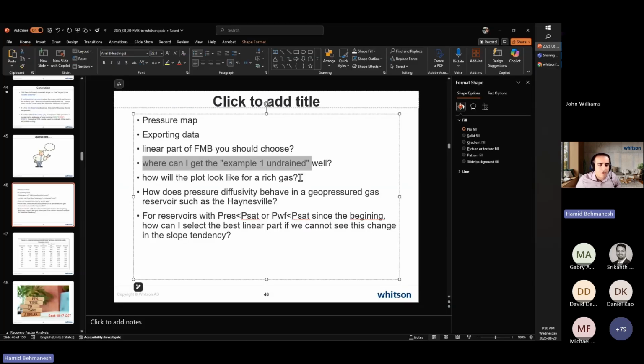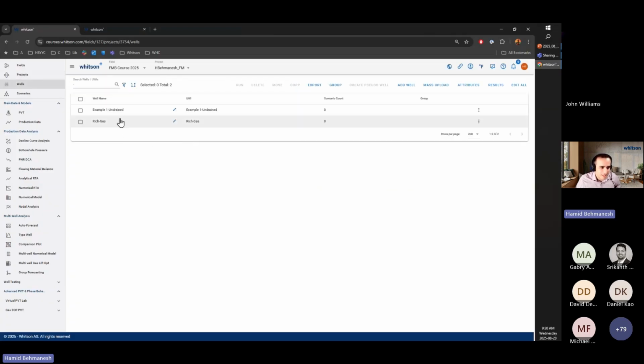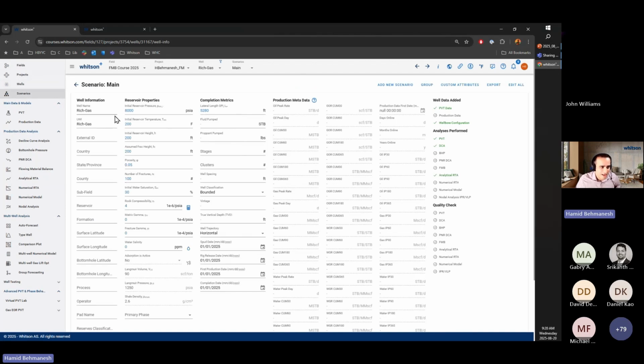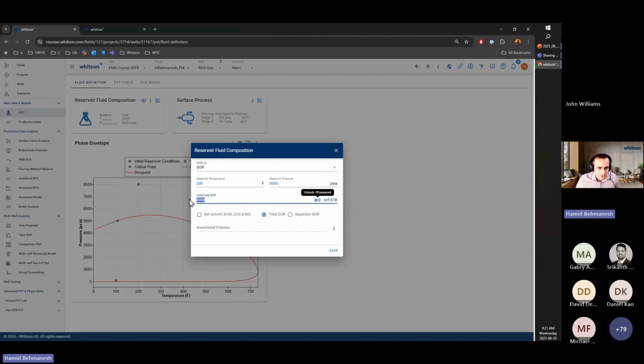How will the plot look for the rich gas condensate? I showed you the recipe and prescription for how to generate a case for the rich gas condensate, but you can easily go there and I can show you. In this example, for a rich gas condensate, the only thing I did in the PVT section was adjust the initial total gas GOR to be 5,000.